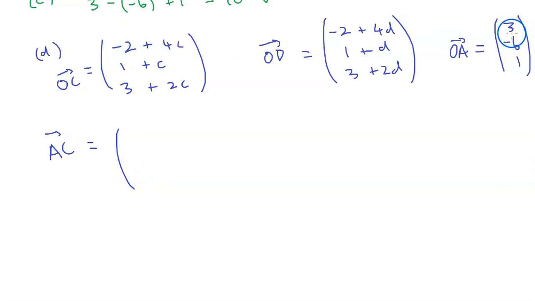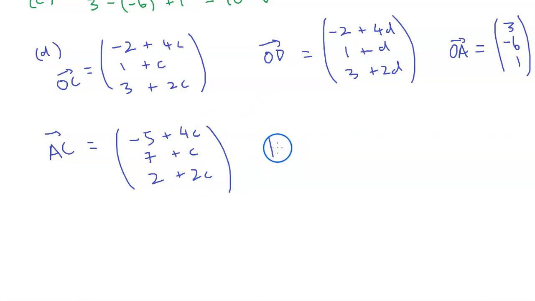That will be -2 minus 3 gives us -5 + 4c, and then 1 minus -6 would be 7 + c, and then 3 minus 1 would be 2, so 2 + 2c.